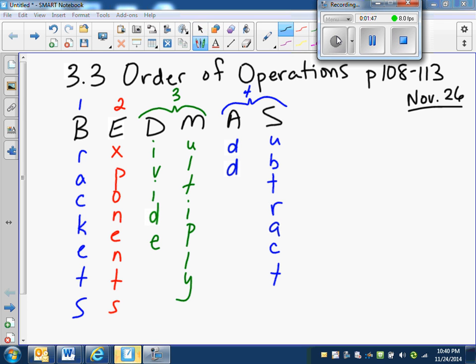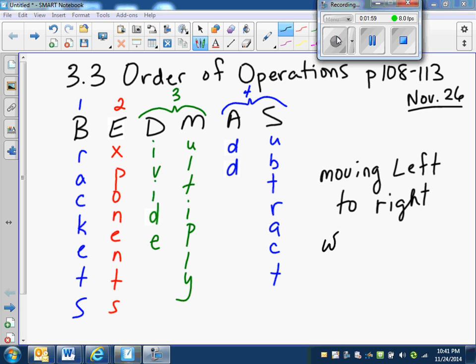Okay, so this is moving left to right when solving an expression.